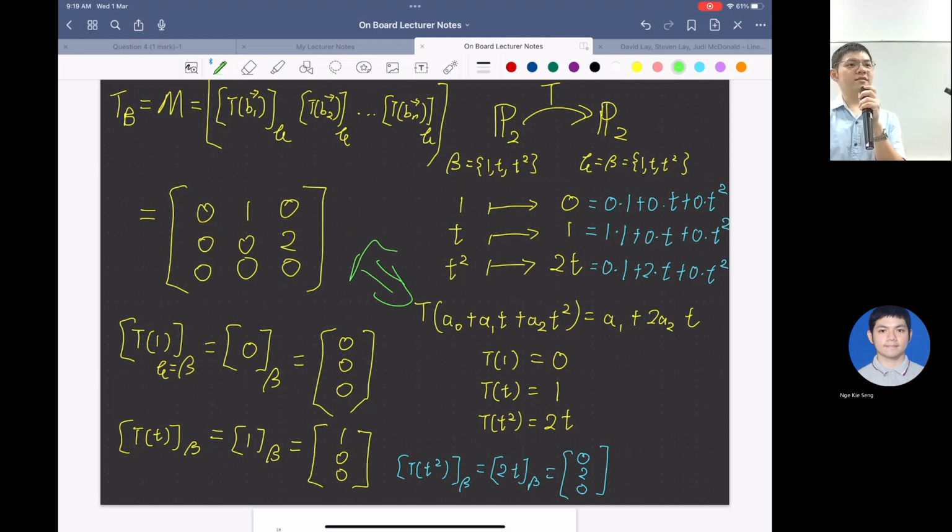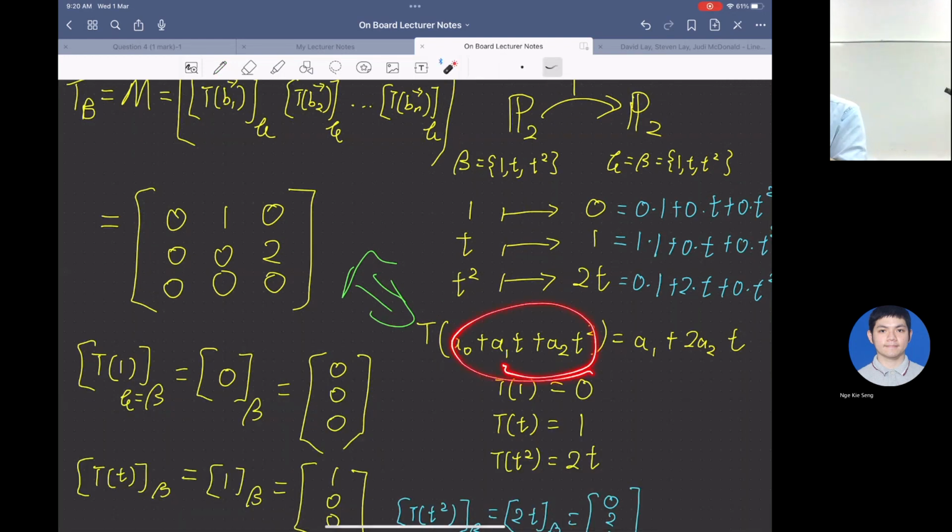Does anyone recognize what this linear transformation is? You take this polynomial and it becomes this polynomial. Any idea?